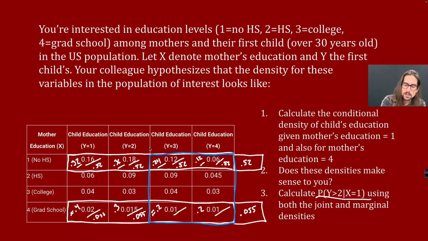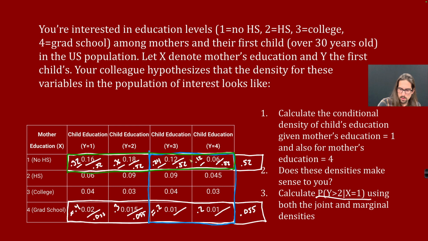But we only want to consider them relative to the subpopulation where x is equal to 1. So that is here. So what we have to do there is count up how many times both of these things are occurring relative to just this thing occurring.